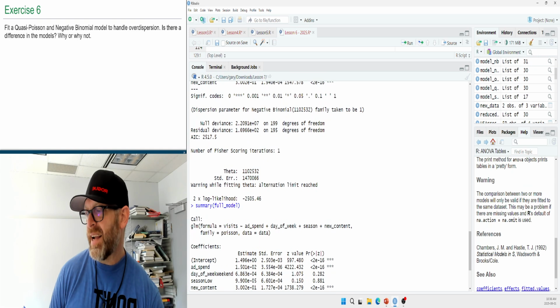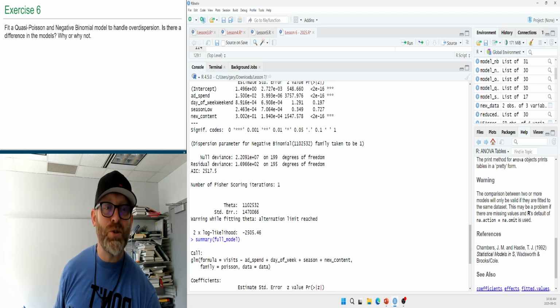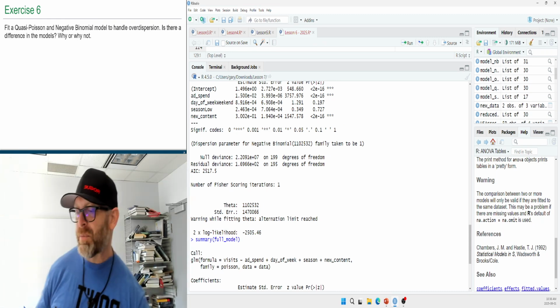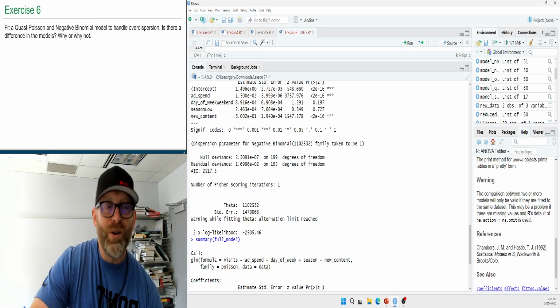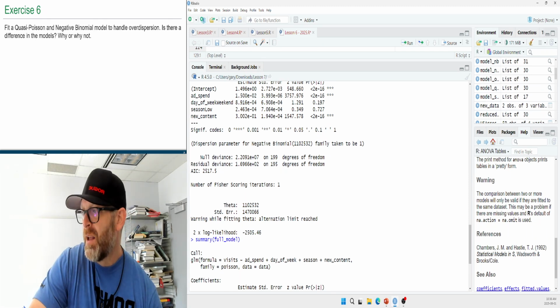Here it's 6.863 e to the negative 4, but they're both e to the negative 4, so again, shifting that decimal spot over 4 spots. Again, these are incredibly small numbers to begin with, so even though it looks like there's a big change there, because of the decimal representation of that, it's actually really small.